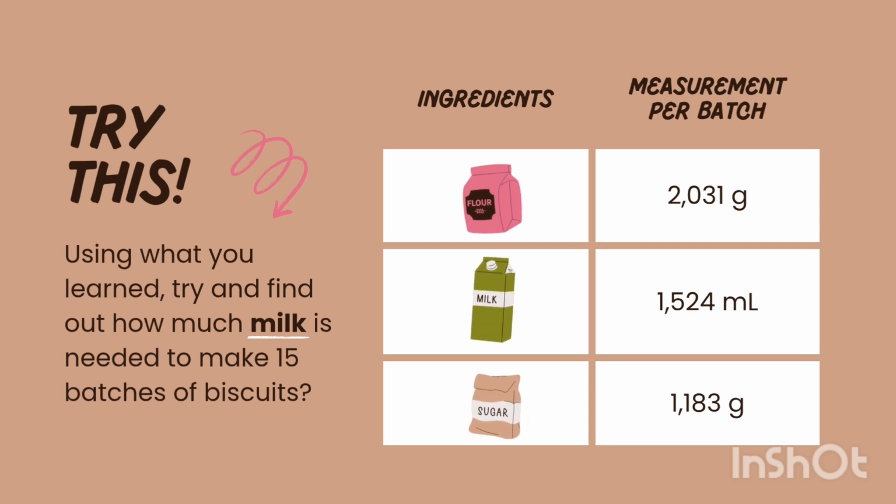Now it's your turn. Try finding out how much milk is needed for 15 batches. We will multiply 1524 by 15. Go ahead, pause the video and give it a try. Now let's check your answer.